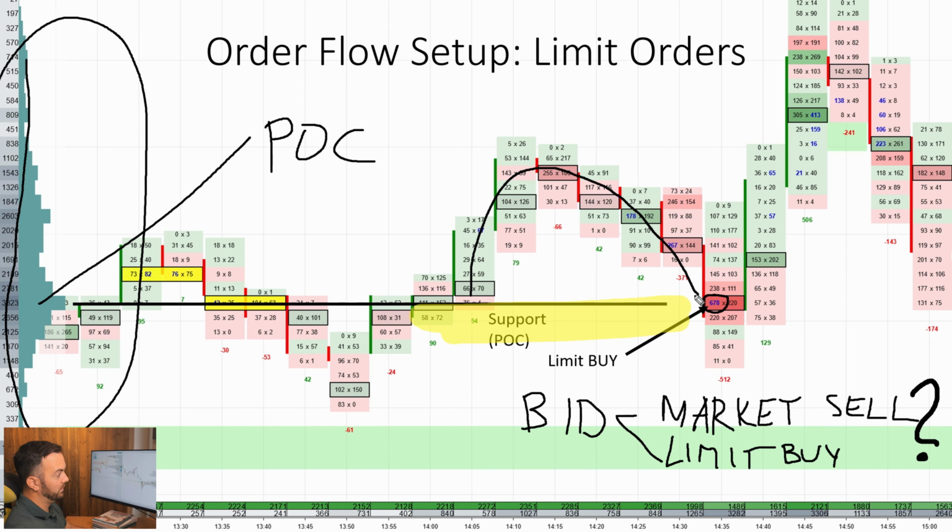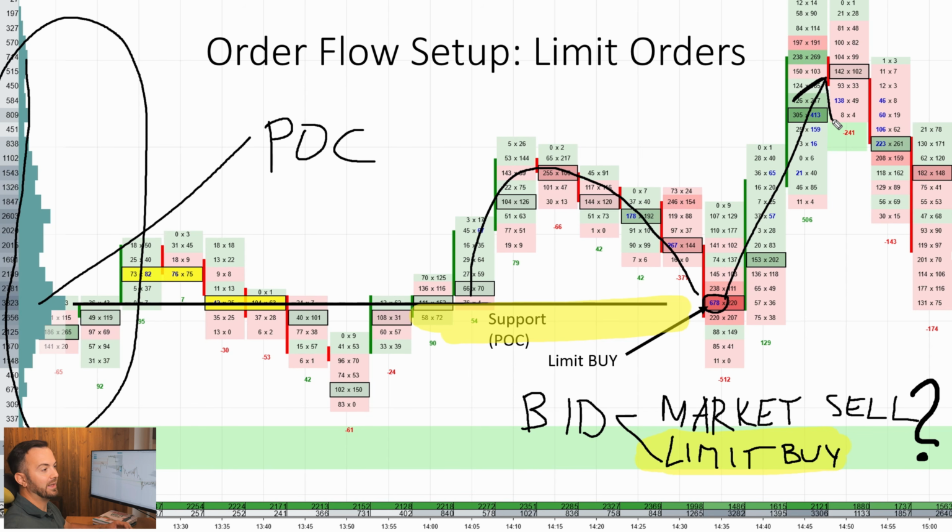Well, since the price reached a support, it's not very likely that somebody big would go short at a support, right? So it's more likely that somebody big was waiting with a limit buy order at this support. So it's very likely that this is a limit buy order and confirmation for you to go long.